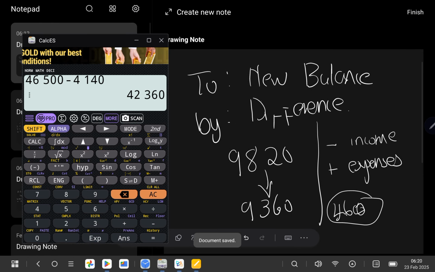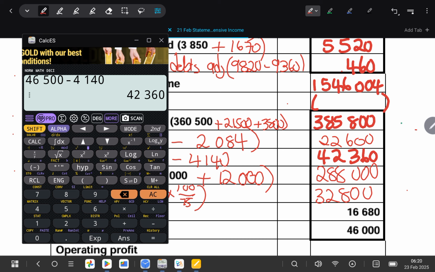So we're going to say 385,800 plus 22,600 plus 42,360, and then also plus 288,000, and then plus 32,800, and then plus 16,680, and then plus 46,000. So it gives us 834,240.